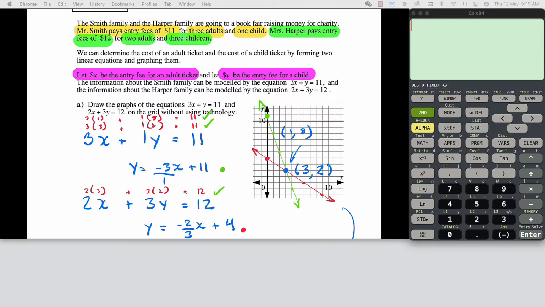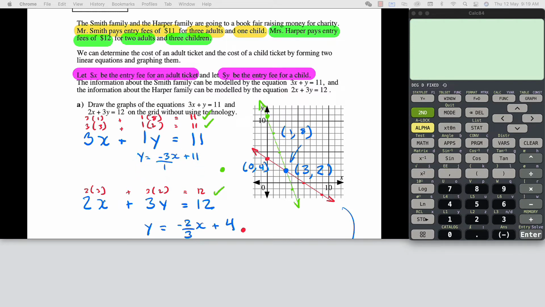Okay, and if I was to do that for the red line, then that would work out as well. So let's use the one here that's on the y-intercept, so that's a 0 for the x and a 4 for the y. If I substitute those values in there, I'm just going to reduce the size of this a little bit, give myself some space.